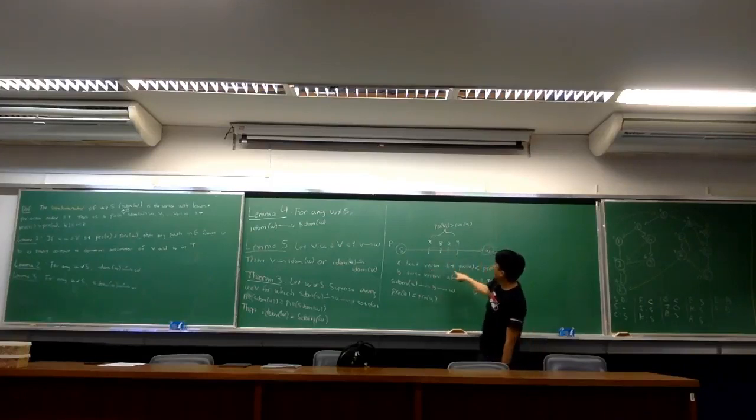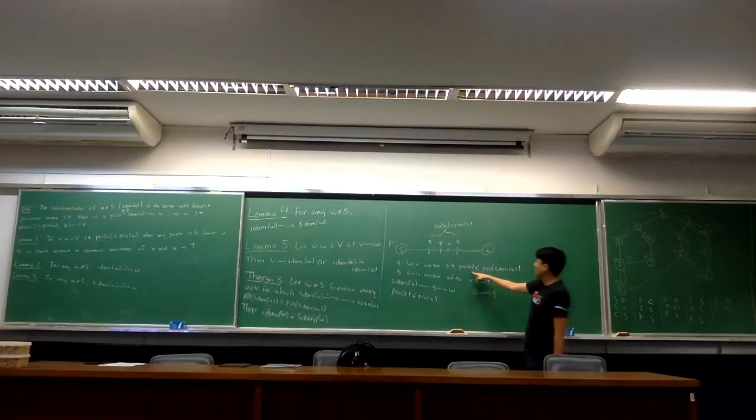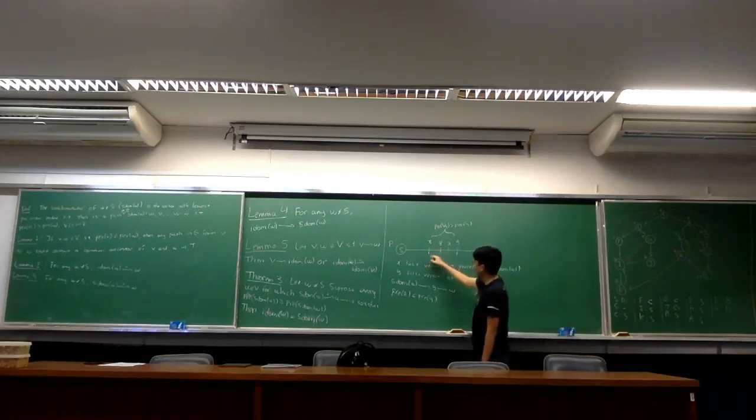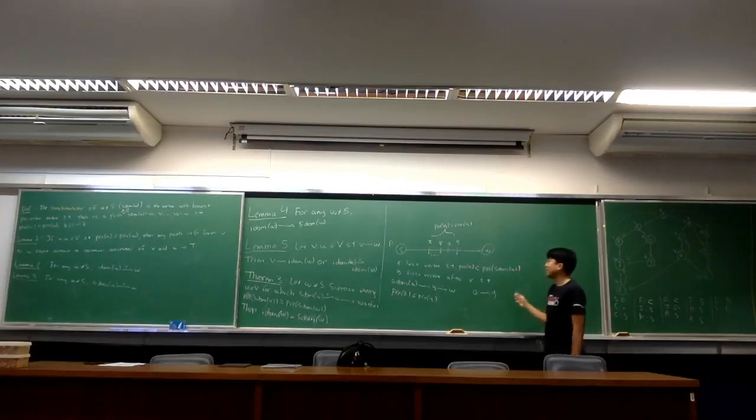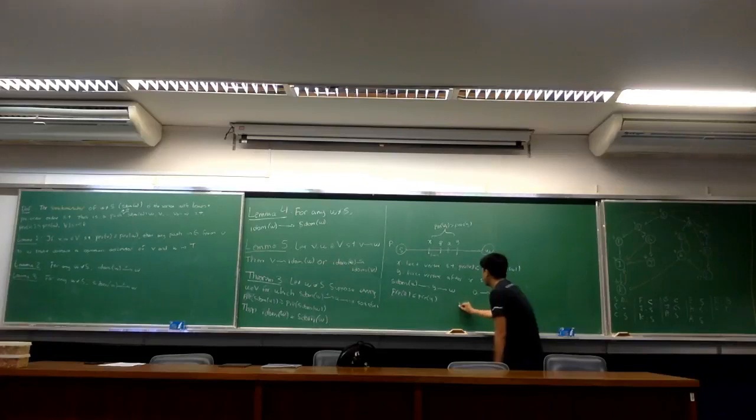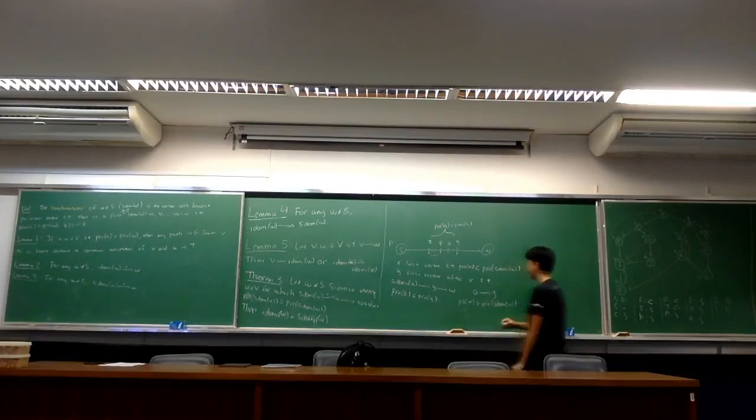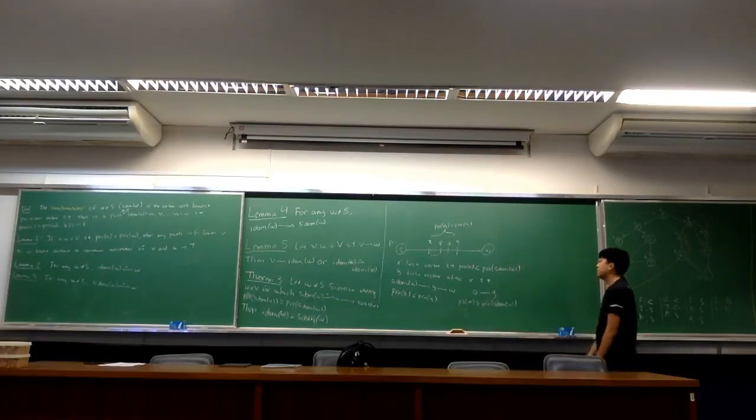And X was the last vertex on the path that had a preorder index less than the preorder of the semi-dominator of W. So every other vertex from here on has to have a preorder index that is greater than the preorder of the semi-dominator of W. All right.